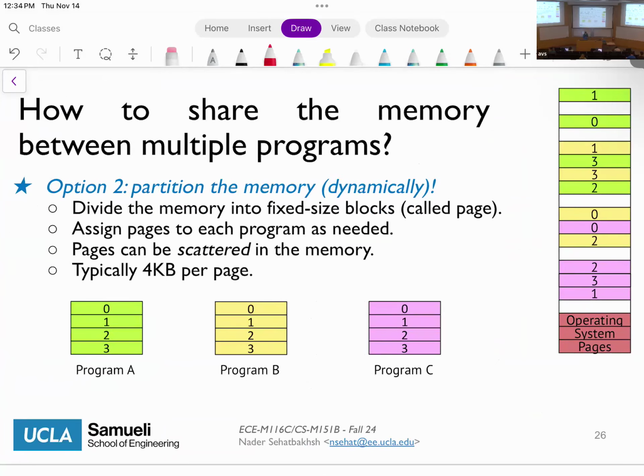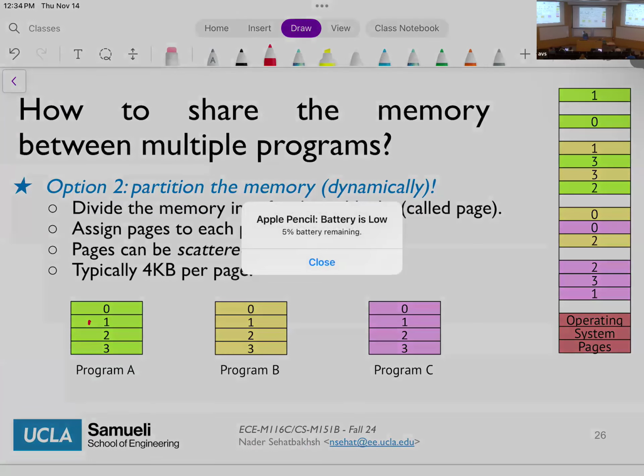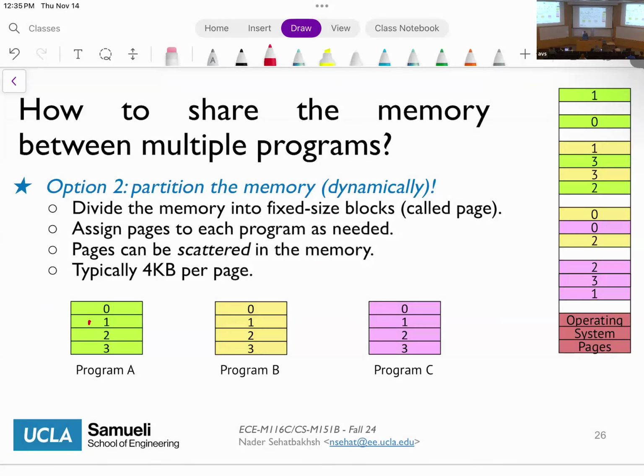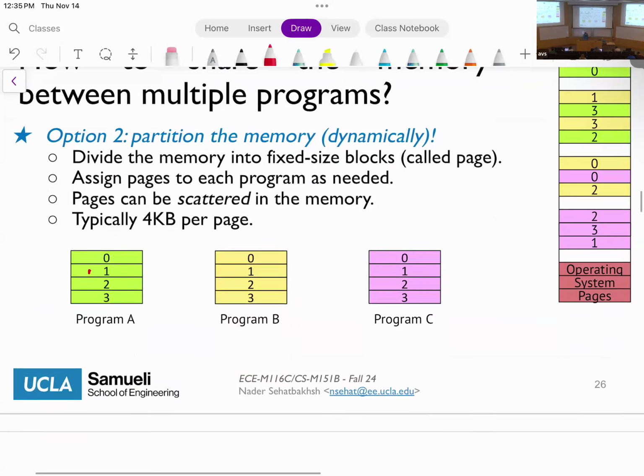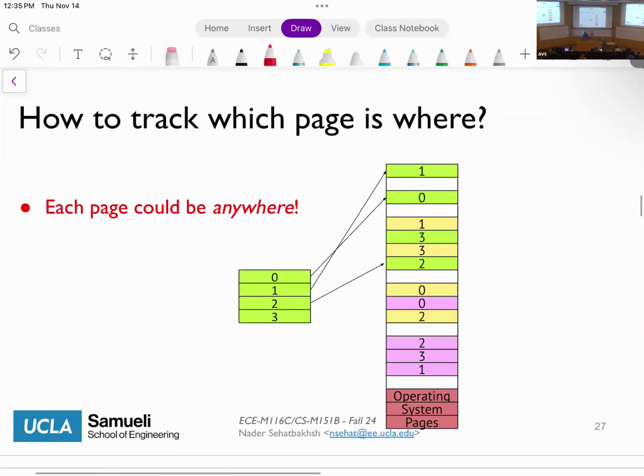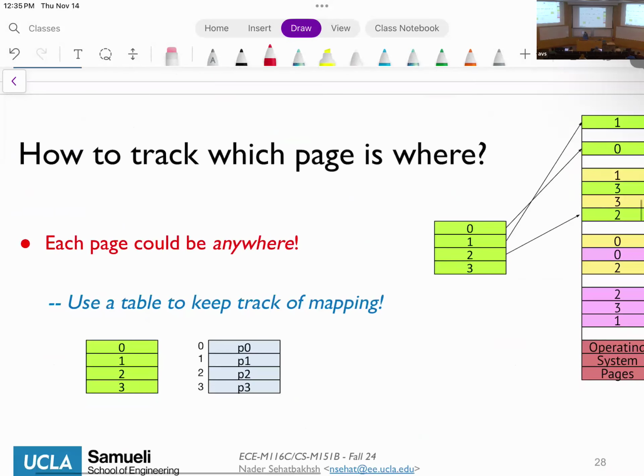For example, if I want to read some byte from page number 1, now that I know my pages are scattered and could be anywhere in main memory, I'm going to have a lot of issues figuring out where my pages are. In order to fix this issue of pages being anywhere in memory, we're going to need a table to keep track of the mapping.